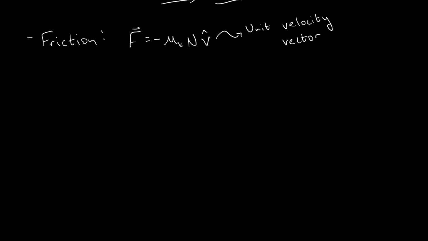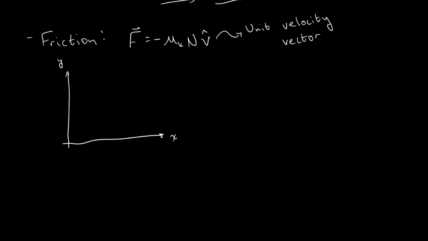Okay, so let's keep things simple, and let's just keep things restricted to the xy plane. No need to involve z in all of this. So let's look at a couple of different paths.